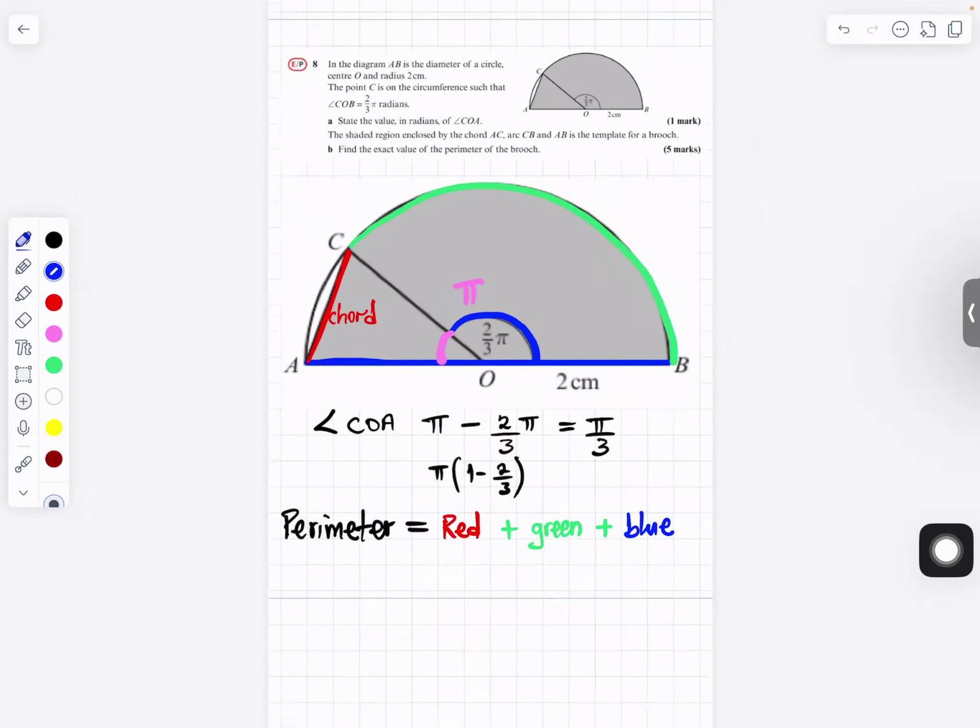Now in your exams, you wouldn't have all these colors to write. So instead of calling it the red, you will say the chord AC, plus the green one is the arc BC, plus the blue one is AB, which is the diameter.